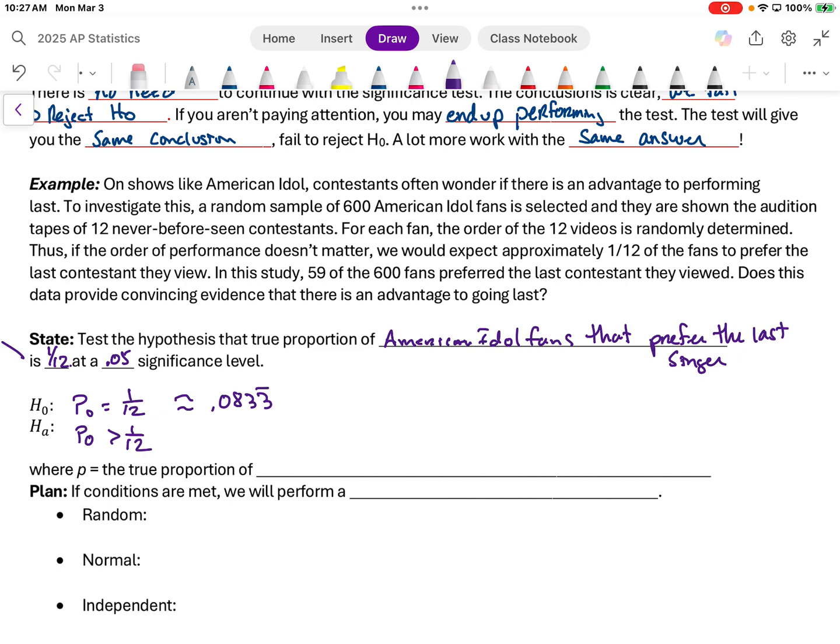Now we would finish up the rest of the state phase, where we define what P is, where P is the true proportion of American Idol fans that prefer the last performer, The Masked Singer.